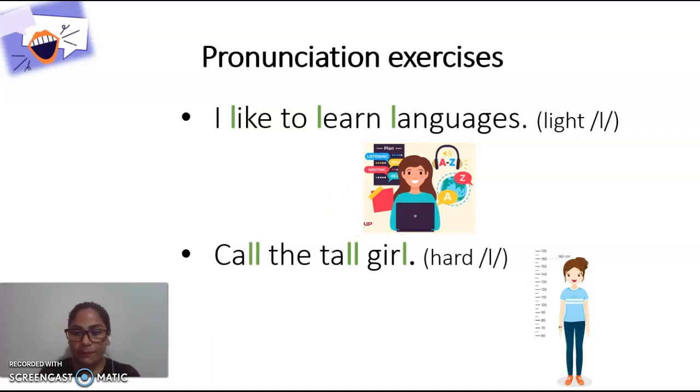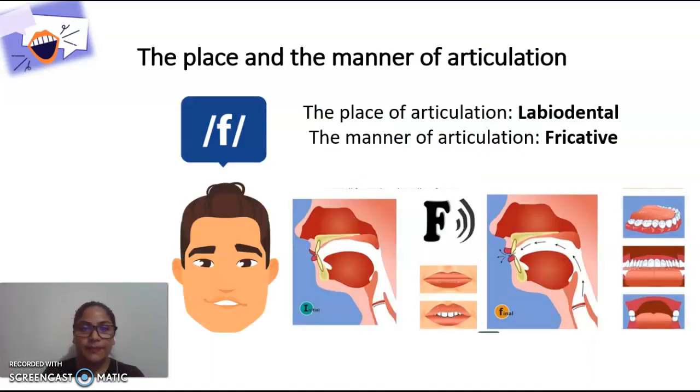Now, next. This sound is F. The place and the manner of articulation is labiodental fricative. Okay, why? You can see this picture.